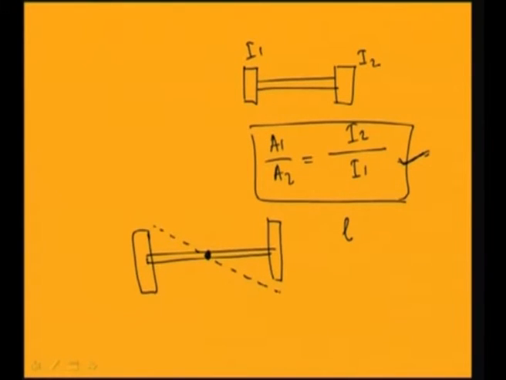So you can assume that this 2 rotor system is equivalent to a cantilever beam, or rotating cantilever beam, in which it is fixed at this point. So at this point it is fixed. Let this length be L1, this length be L2.